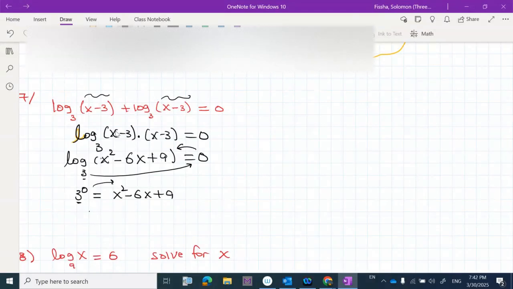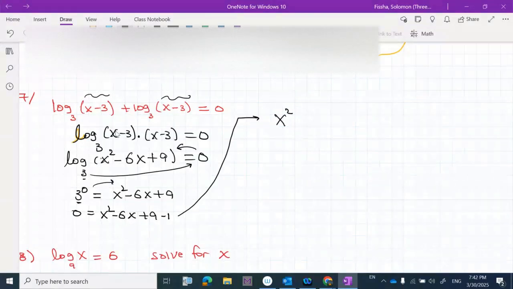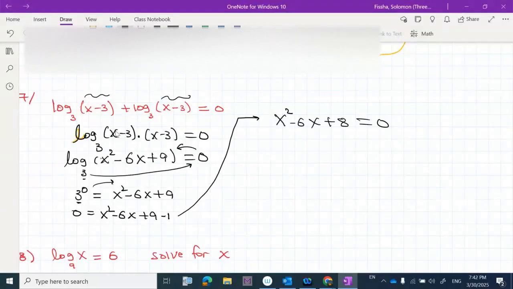What I'm saying is x squared minus 6x plus 9 minus 1 equals 0 on the left side. It doesn't matter whether this is on the left side or the right side. So I can write this further as follows: x squared minus 6x, 9 minus 1 is plus 8, equals 0.